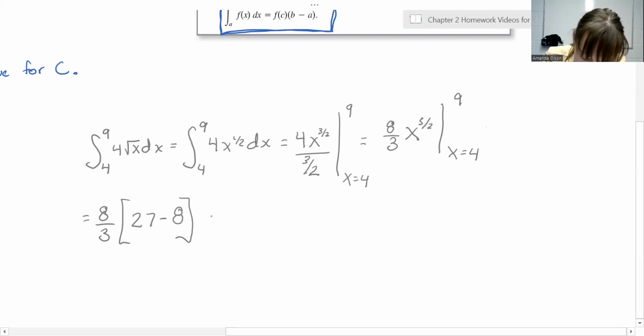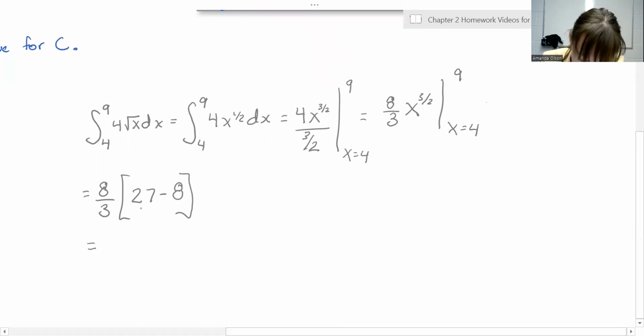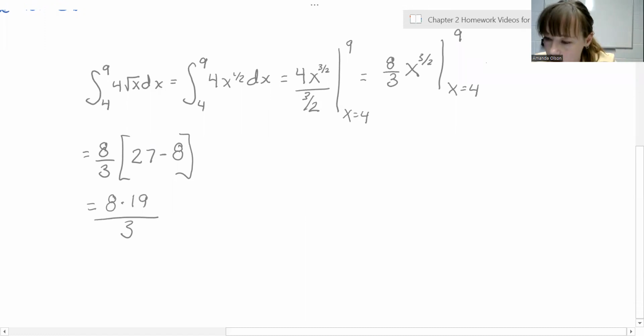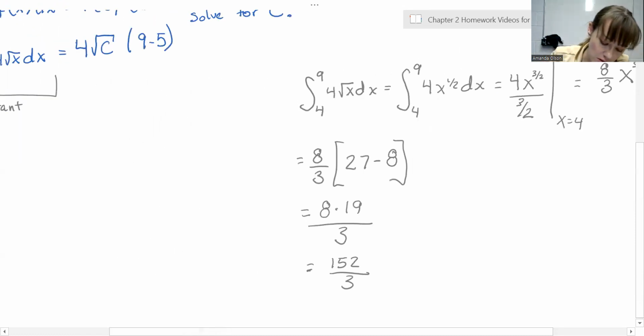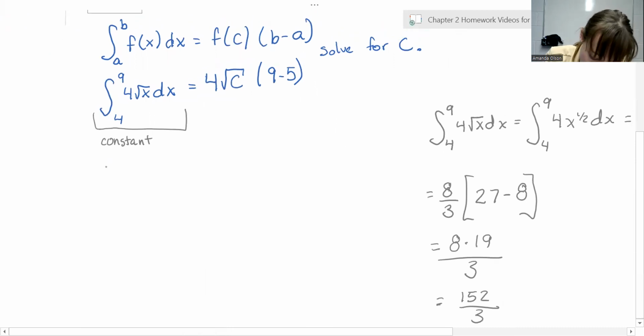So we end up with 8 times 19 over 3, which is 152 over 3. So that's just our left-hand side. On the left-hand side over here, now we have 152 over 3.